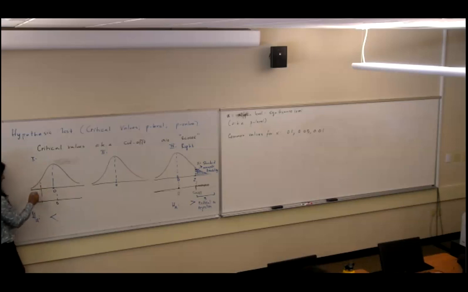Same logic. You pick alpha. That is the probability, area under the curve. You will have a critical value, as that's called. In this case, will it be negative or positive? Negative.